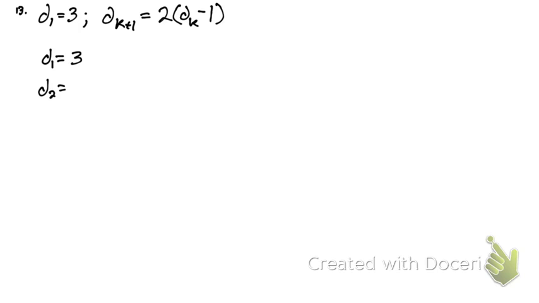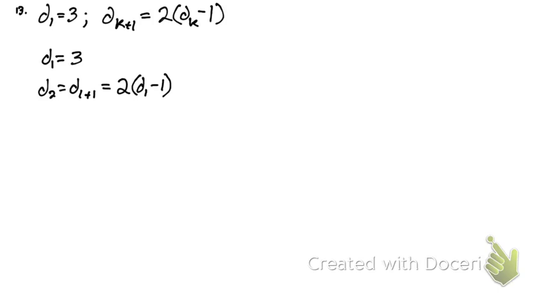So that means when I work this out, it should just be 2 times the quantity, the term before it, minus 1. Mathematically, it'll look something like this. In order for this k plus 1 to be 2, that k would have to be 1. So this would equal d sub 1 plus 1, which would then equal 2 times d sub 1 minus 1, but that's exactly what I said.